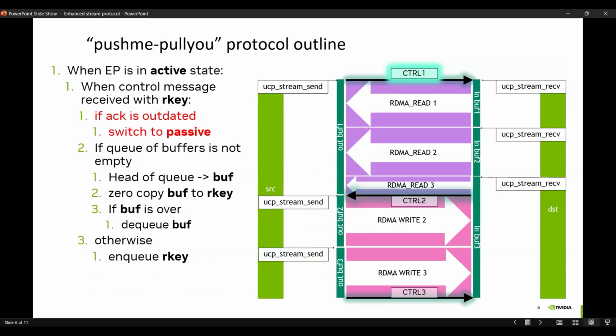Since the passive side sends a control message whenever it gets a new buffer from the API, on the other side, the active side at exactly the same time may try to send a control message trying to turn the passive side to active, to exchange sides. If this happens simultaneously, those messages can collide.